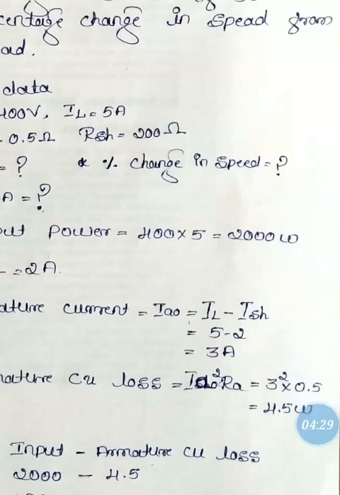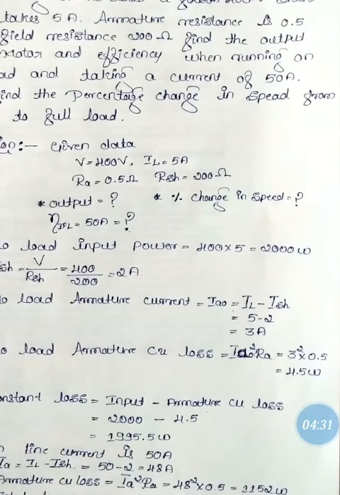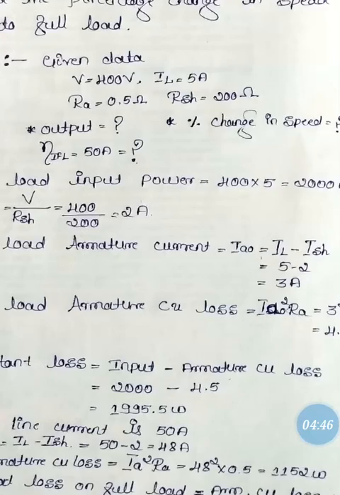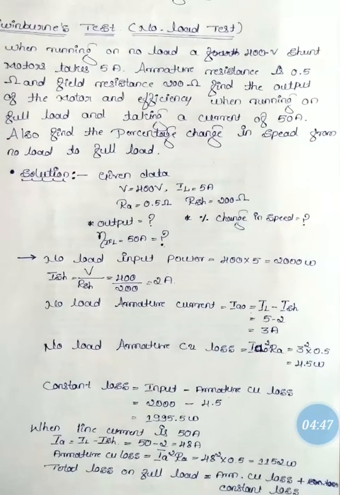Then we get the no load armature copper loss as 4.5 watt. Then the constant loss is calculated as the difference between the input power and armature copper loss. Input power is 2000 watt and armature copper loss is 4.5 watt, so we get the constant loss as 1995.5 watt. This is under no load condition, that is the line current of 5 ampere.